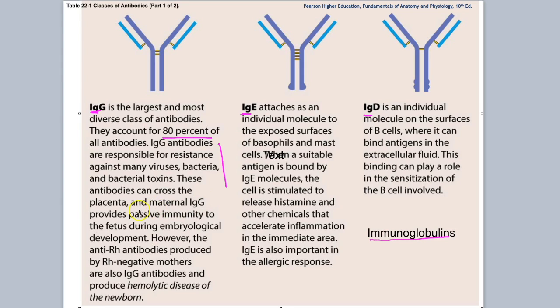And these are the ones that can cross through the placenta, and they can confer passive immunity to the fetus during development. So these are very protective to the developing fetus.